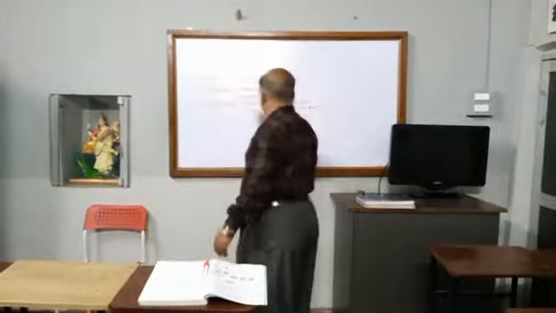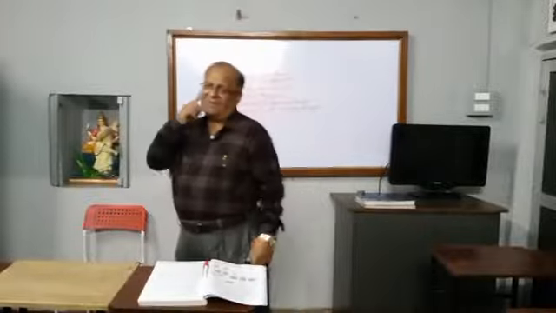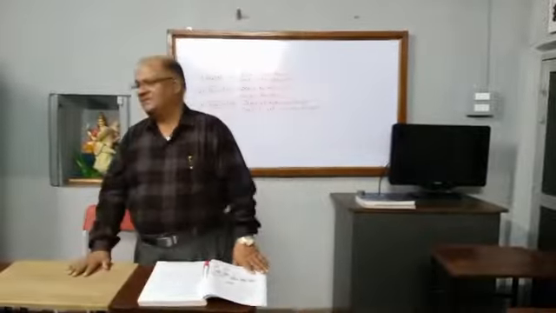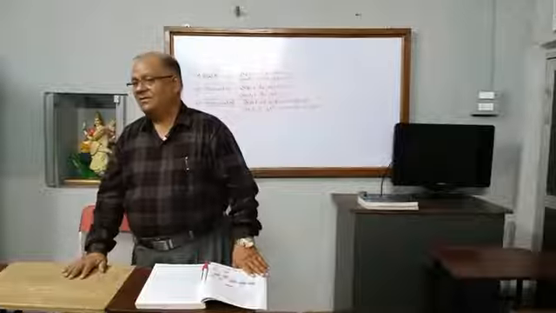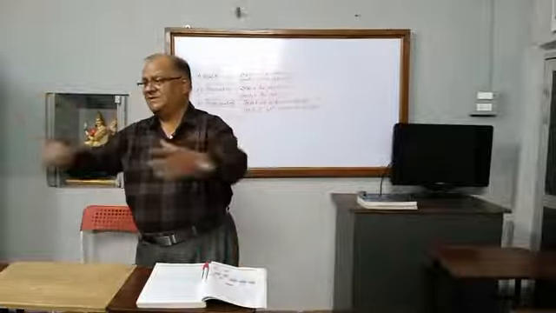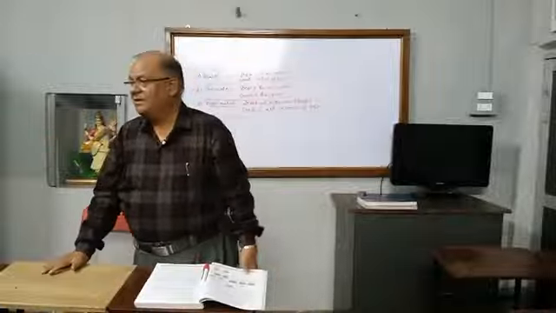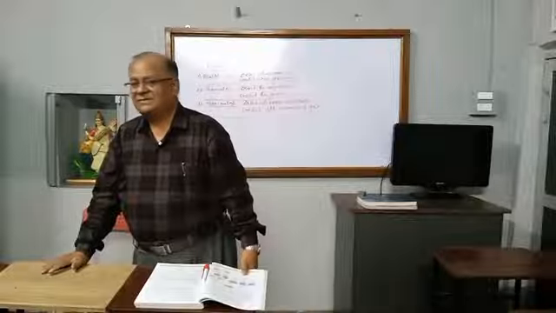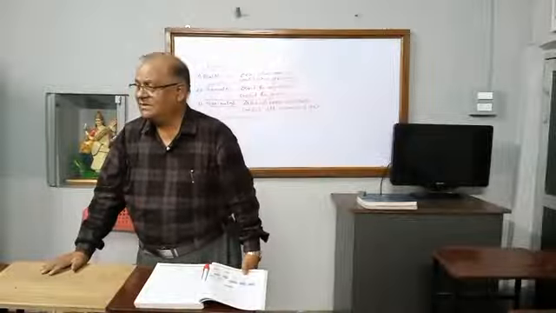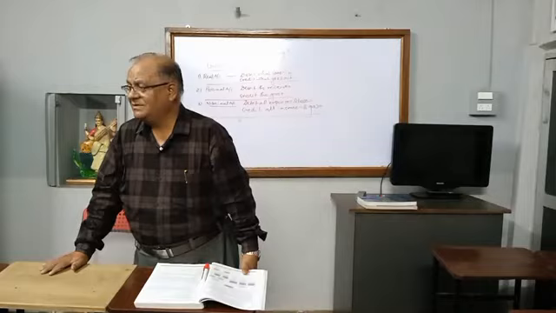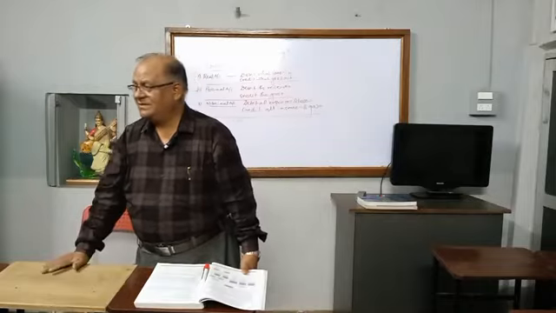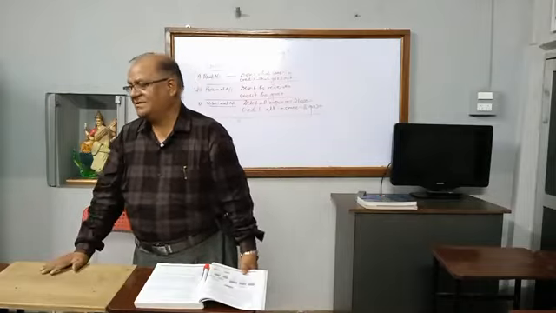Then here, nominal account. Debit all expenses and losses, credit all incomes and gains. Whenever there are expenses, you can debit them. For example, paid wages, paid rent, paid commission, paid interest, payment is made. So it comes under this category.